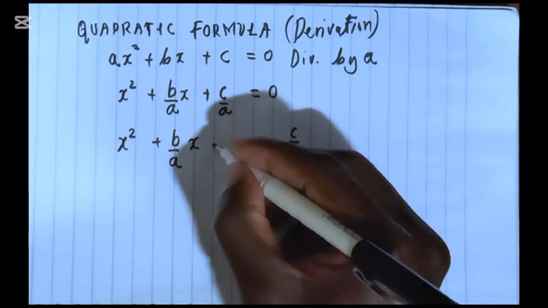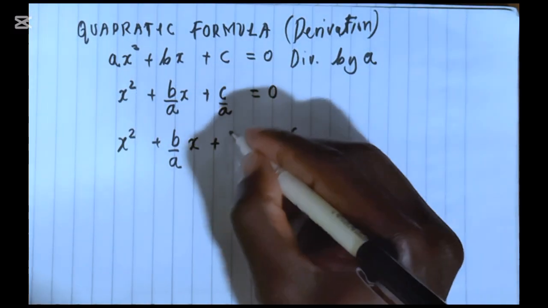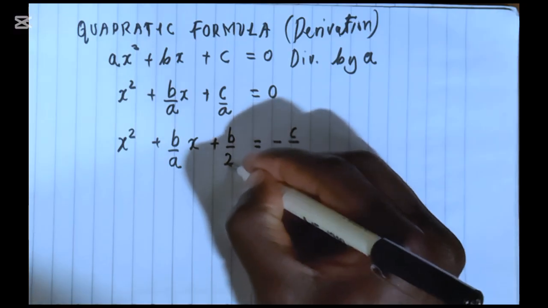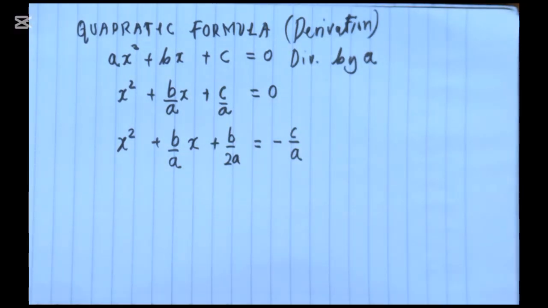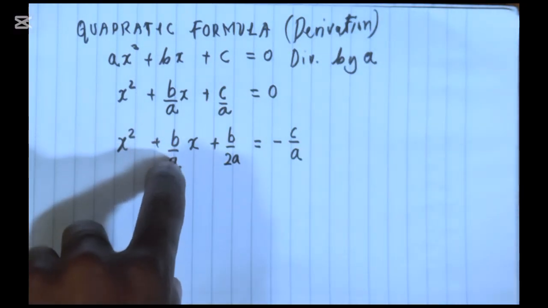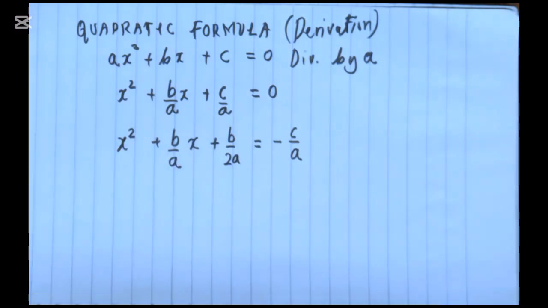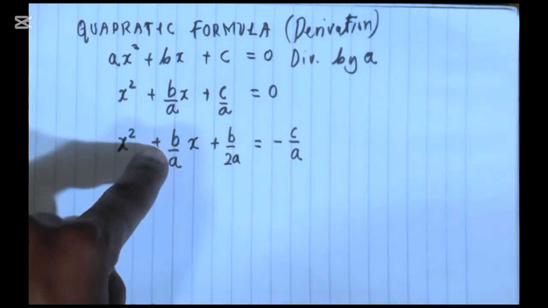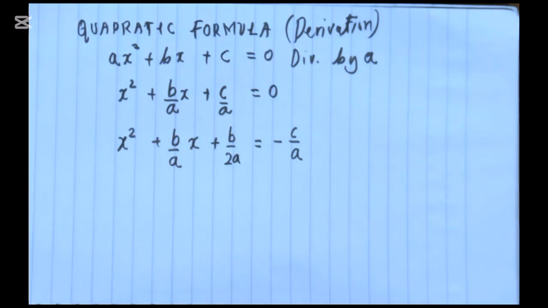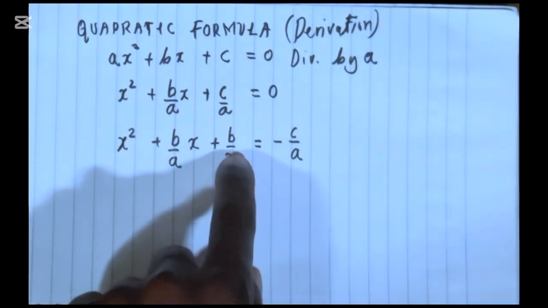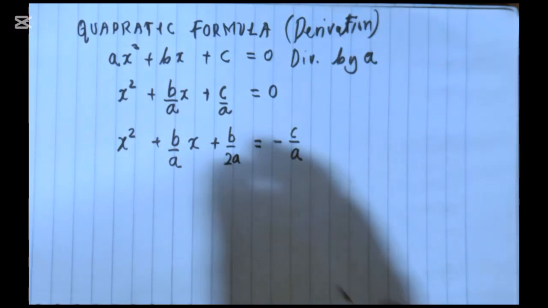So what that means is that we're going to add b all over 2a. Basically, we're going to multiply b all over a by a half. It's just the same thing as taking b over 2, so we're going to multiply it by a half. And when we multiply it by half, we get b all over 2a.